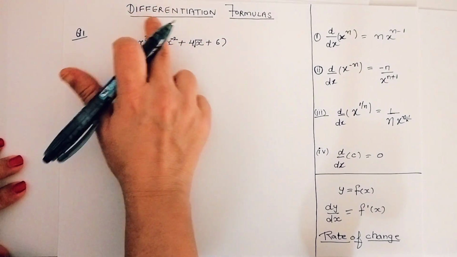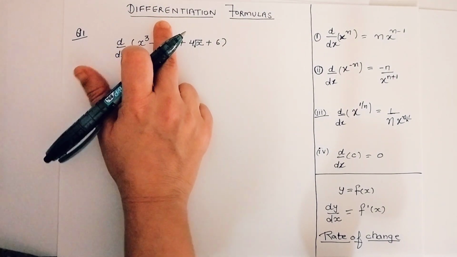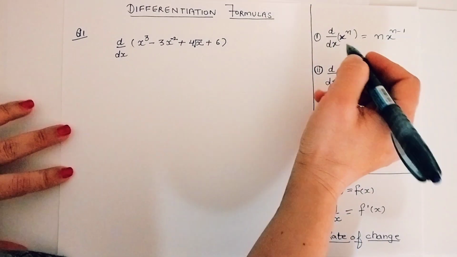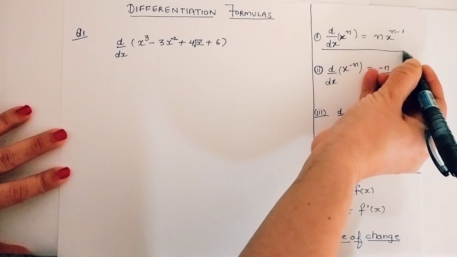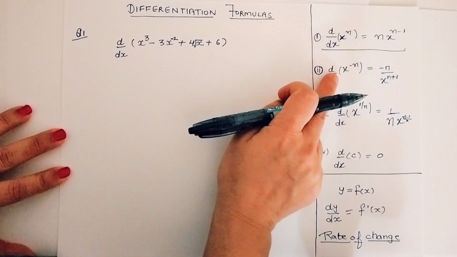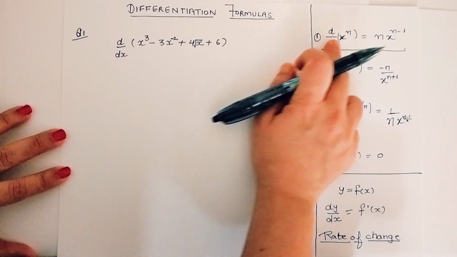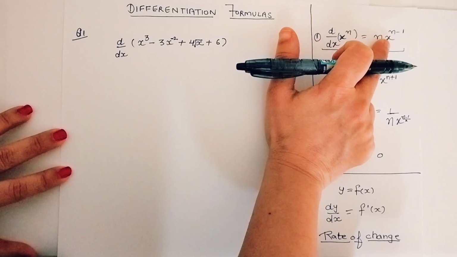And what do we follow in differentiation? We are differentiating, meaning we are separating, meaning we are reducing. How? What is the first formula here? This is the most common and most important one, with which we derive both of these formulas as well. We had power n, and what do we get?